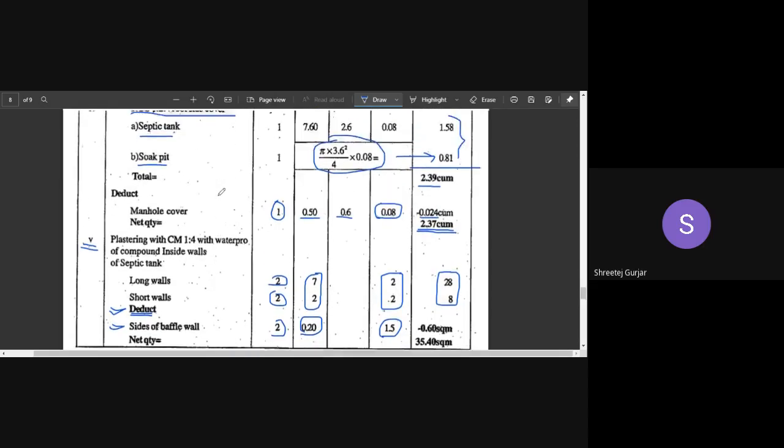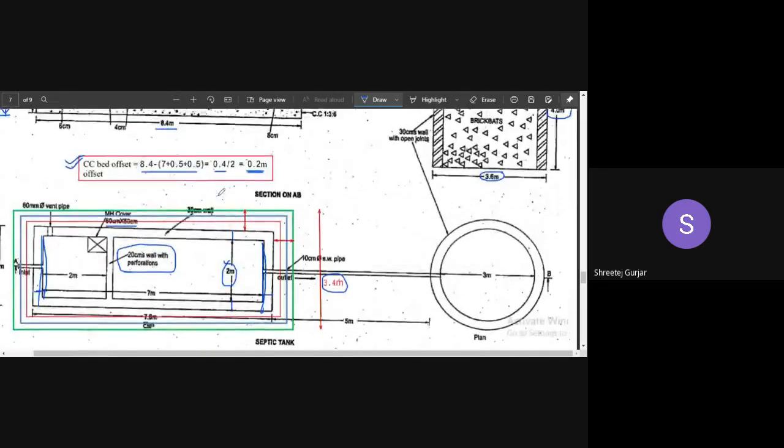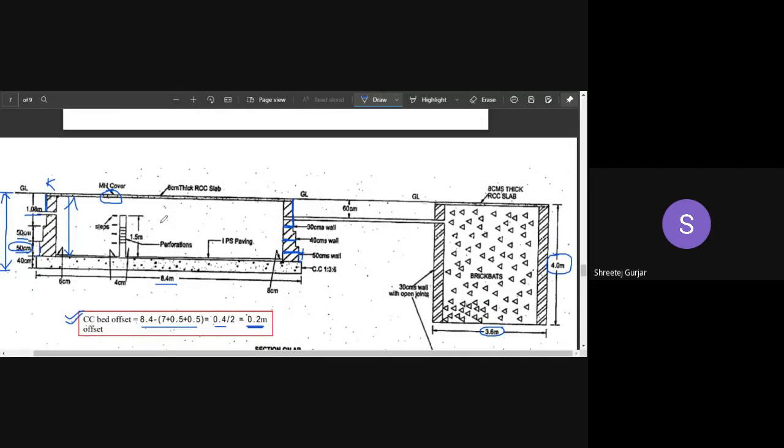So this is regarding this numerical, wherein we have calculated excavation quantities, then CC bed quantity, then brickwork quantities in your walls, right? Then roof slab quantity, and then plastering work. So 5 quantities totally we have calculated.